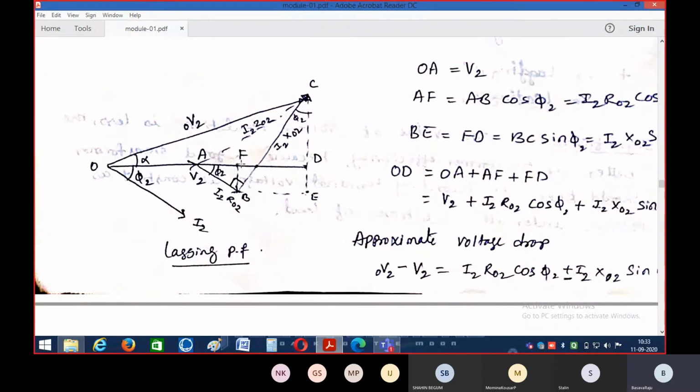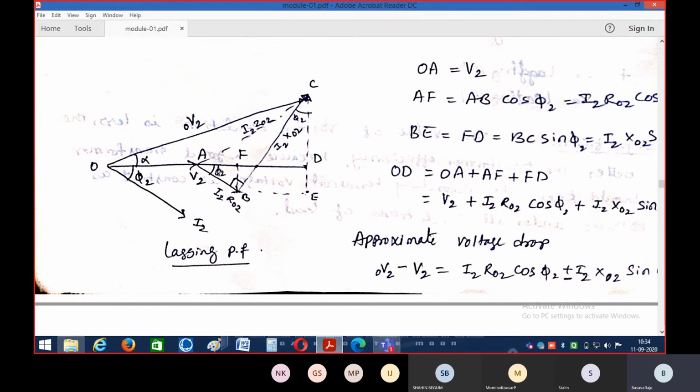What is AF? Now see here, in this one, this is I2 R02, right? From this, if you draw a perpendicular line, then it meets this horizontal line at a particular point, and that point I have represented as F. So what does this length AF represent? This is the same angle phi 2. Why is it having phi 2 with respect to the V2 vector?